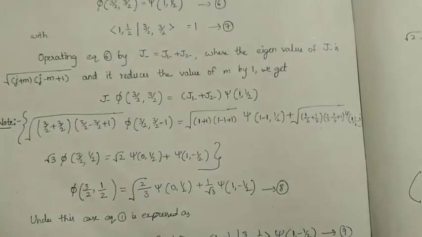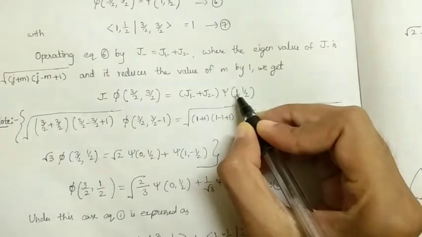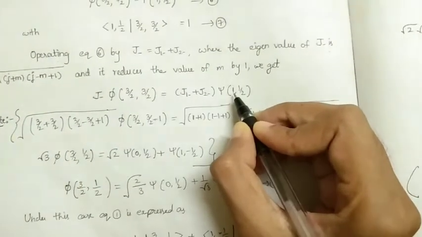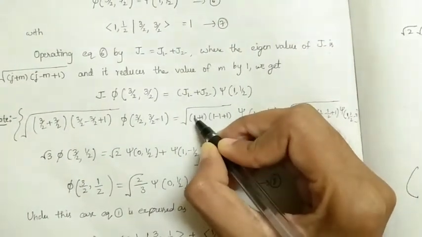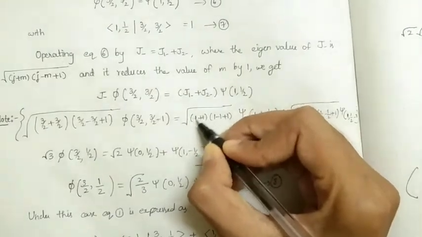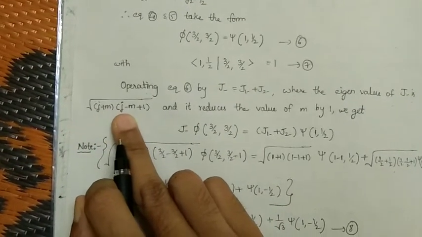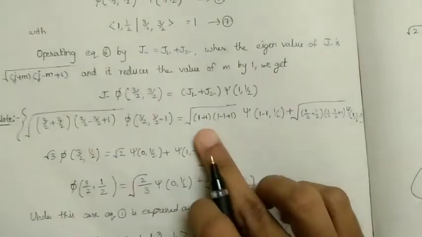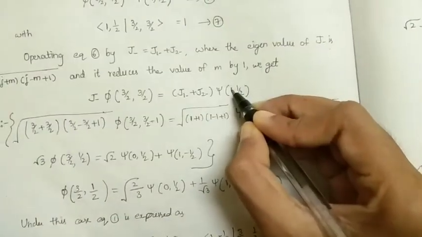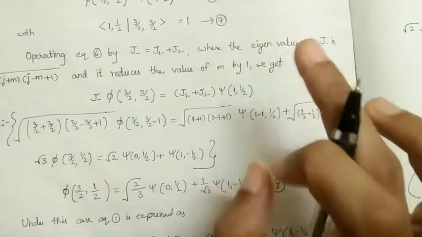And next thing is, here j1 is given in the question, that is 1. That is this term, square root of (j1 plus m1) into (j1 minus m1 plus 1). So j1 is given in the question.